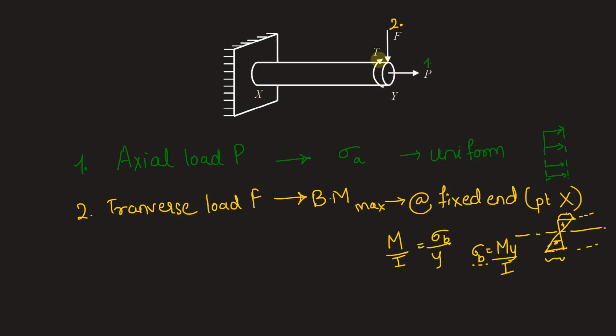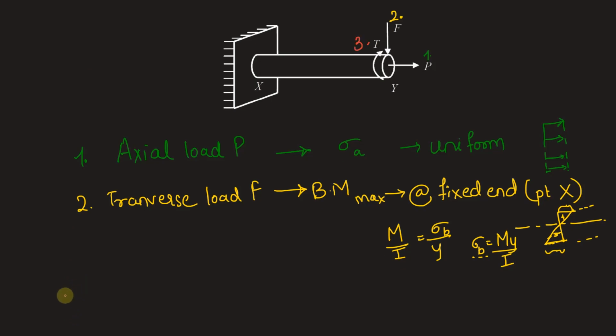Now let's look at the third load, that is the twisting moment T. For this we will use the pure torsion equation. We have T by J, where J is the polar moment of inertia and T is the torque, equal to tau by R, where tau is the torsional shear stress.